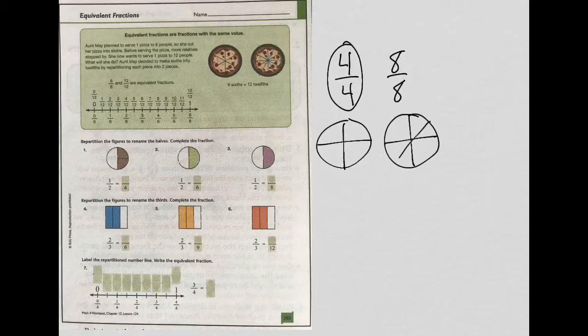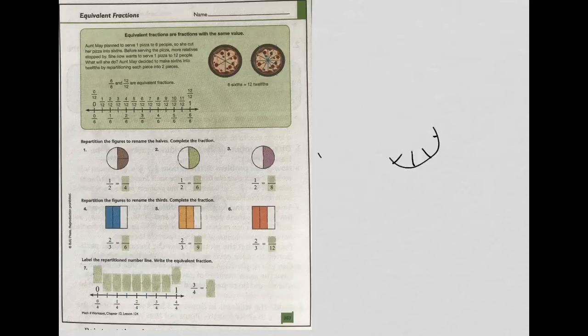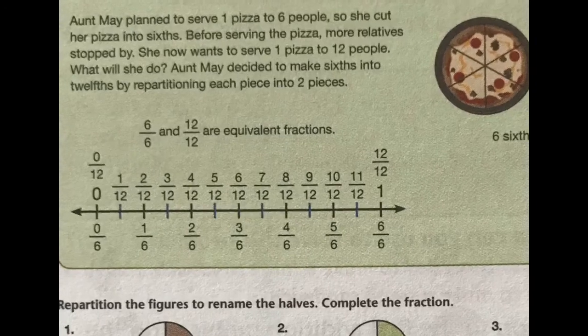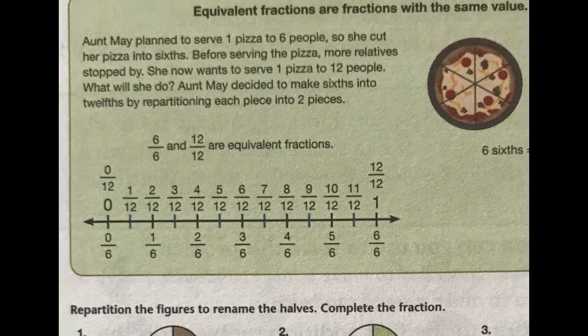If I have a whole divided into 8s, 8/8 also represents one whole. So let me erase those. So today we are going to be looking at not just wholes, but we are also going to be looking at other fractions that are equivalent.